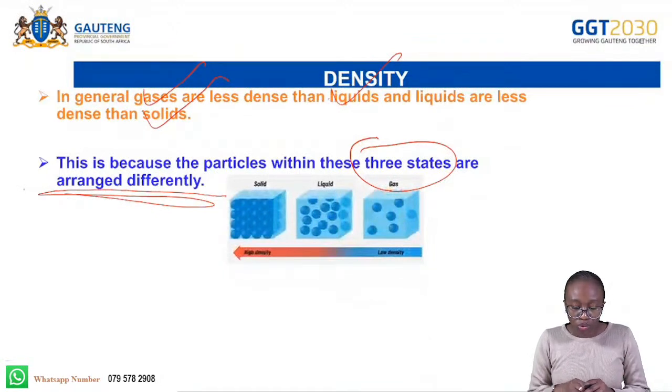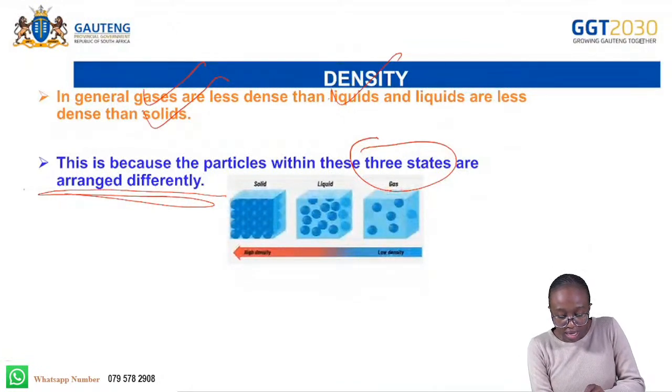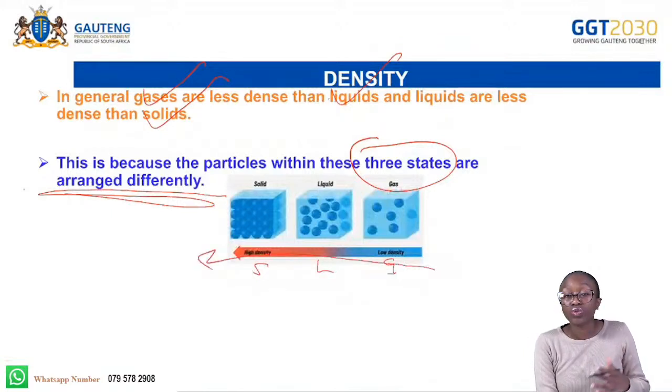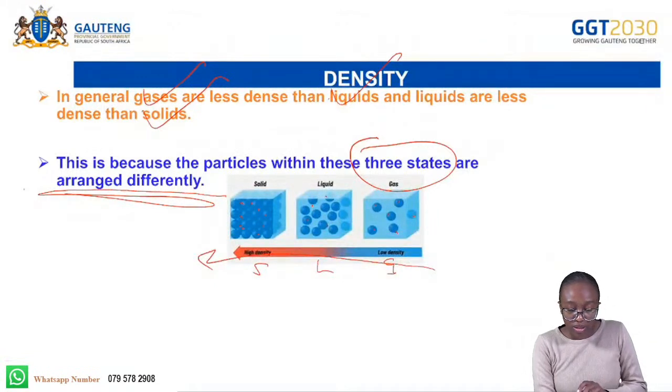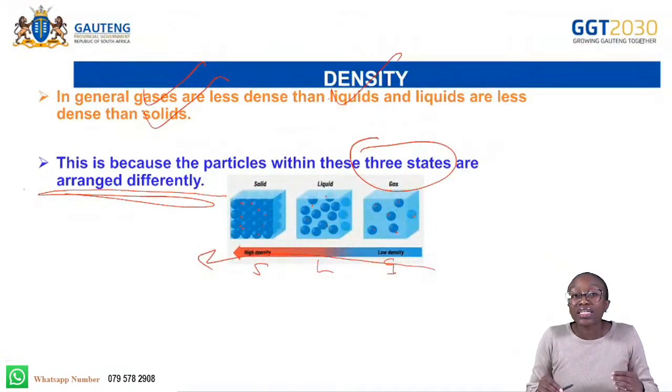Now, can we look at this diagram that I've just put up here? So we've got the gas, the liquid, and the solid. This arrow is showing us the direction in which density is increasing. If we look at the arrangement of the gas particles, the liquid particles, and the solid particles, the density is due to the arrangement.